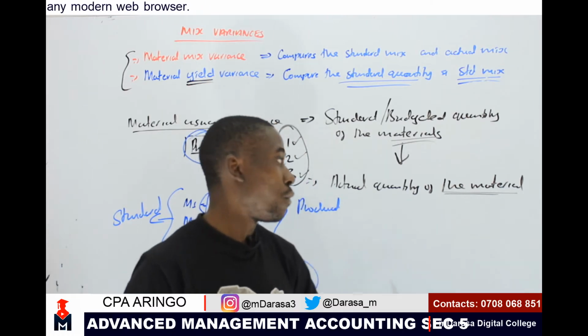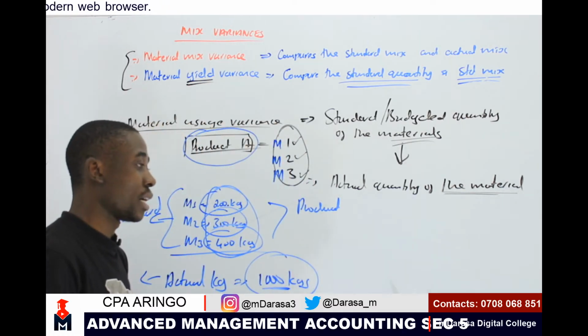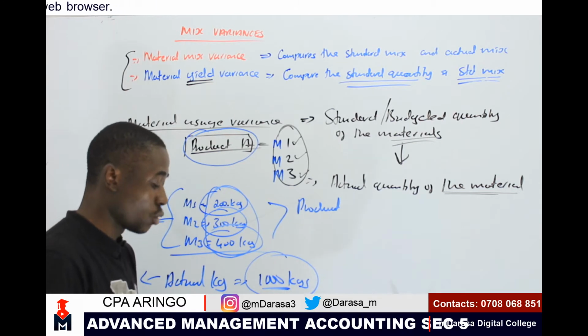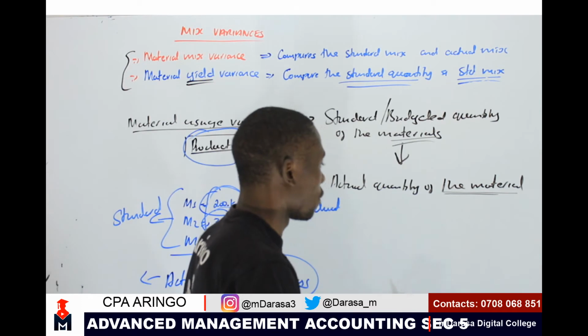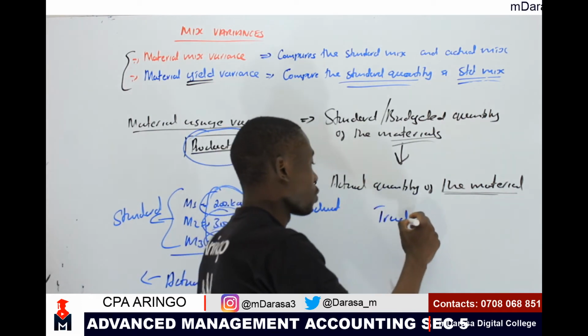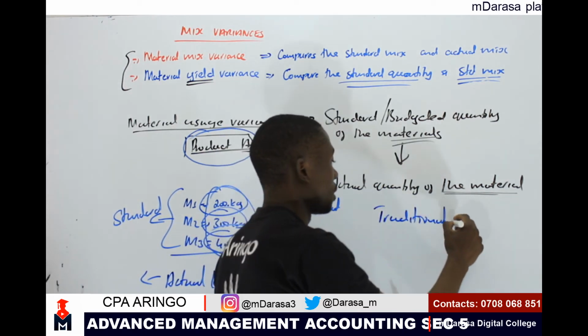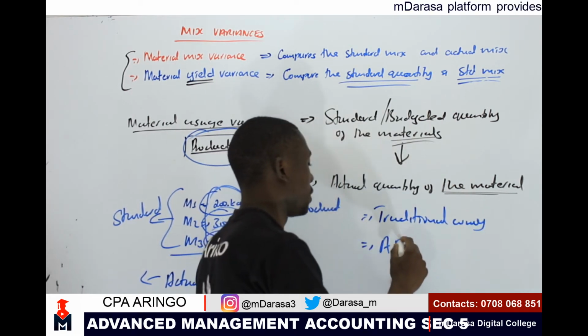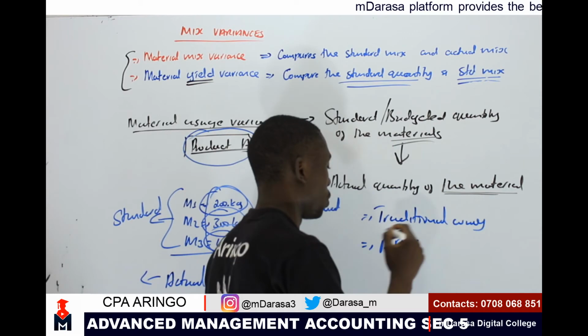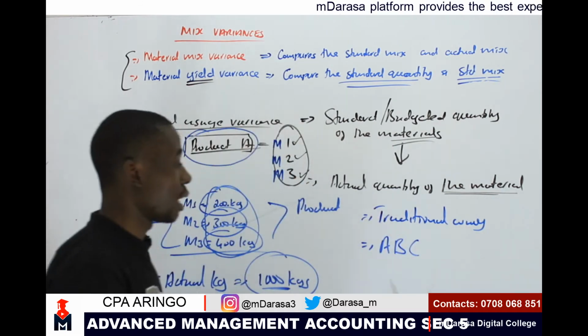So basically, if you can recall the concept, probably you did it at your basic level of management accounting, whenever we are talking of absorption of overheads, ideally you normally talk of the traditional way of absorption, and you also talk of the activity-based method or costing of absorbing our overheads.